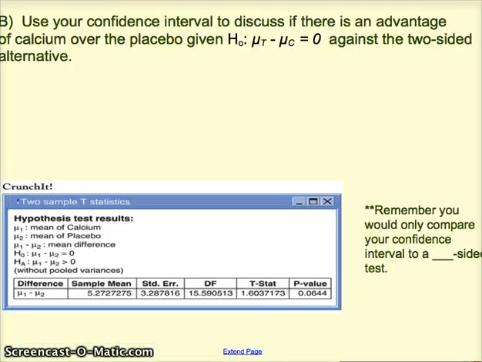The next question here is use your confidence interval to discuss, is there an advantage to calcium over placebo if this is my null hypothesis against the two-sided alternative, which would mean that the difference here is not equal to 0, right?